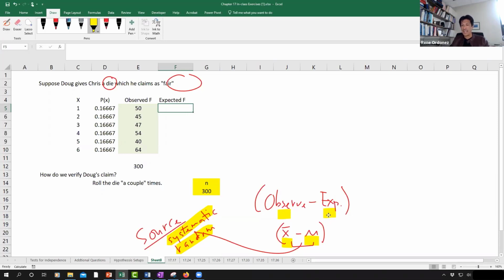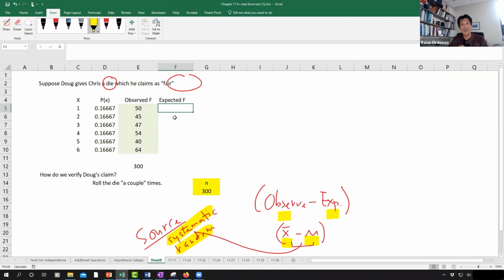So we will relate that to this, the observed are these numbers. So if the die is really fair, what is the expected number of ones? Again, this assumes that the die is fair. If the die is fair, out of 300 rolls of that die, how many are we expecting to appear as 1?